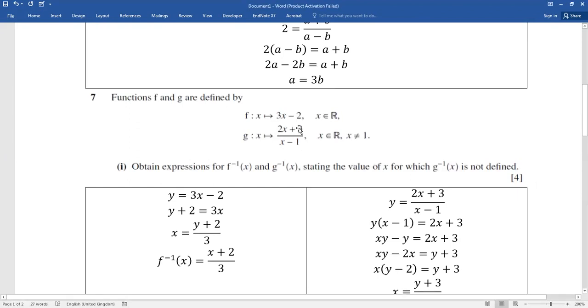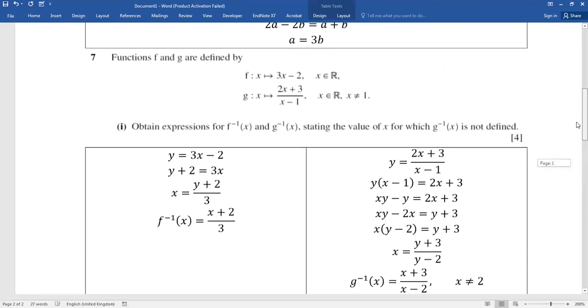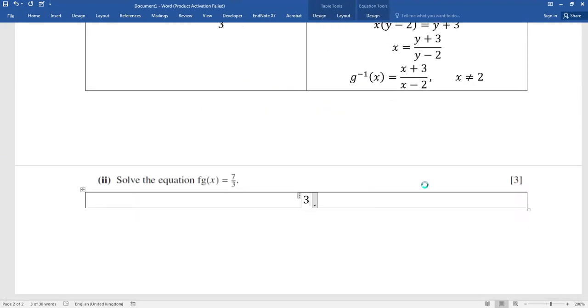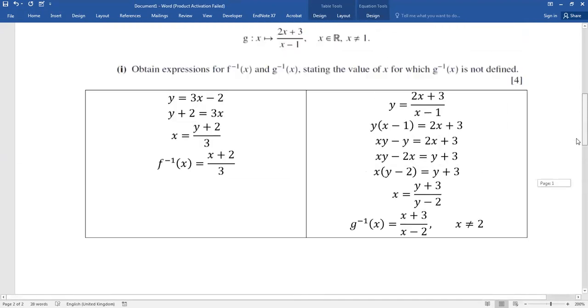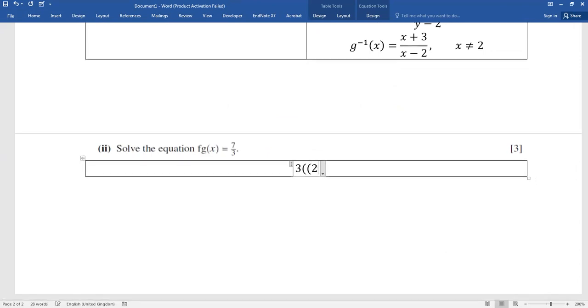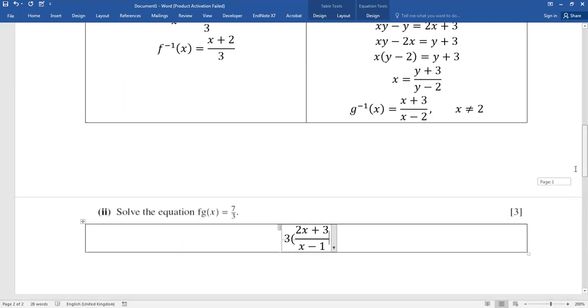I need to take the entire function of g and input it in f. So fg(x) is equal to 7 upon 3. So 3 times the bracket of 2x plus 3 upon x minus 1, minus 2, is 7 upon 3.